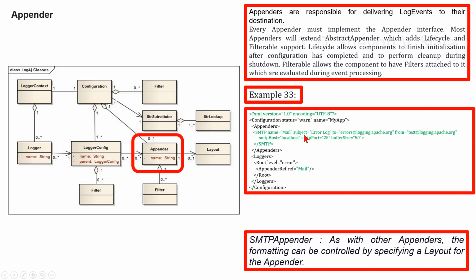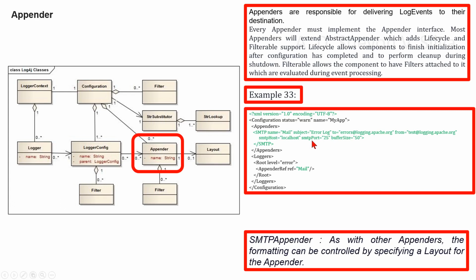Subject, type String, the subject of the mail message. To, type String, the comma separated list of recipient email addresses. From, String, the email address of the sender. SMTPHost, String, the SMTP hostname to send to. This parameter is required.